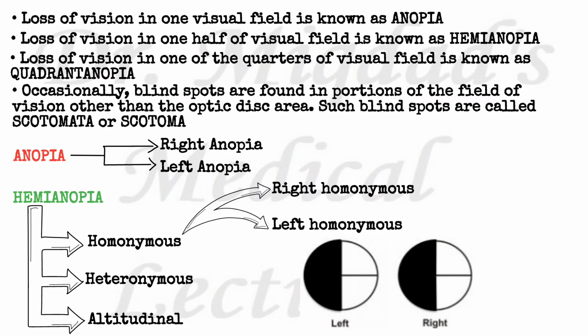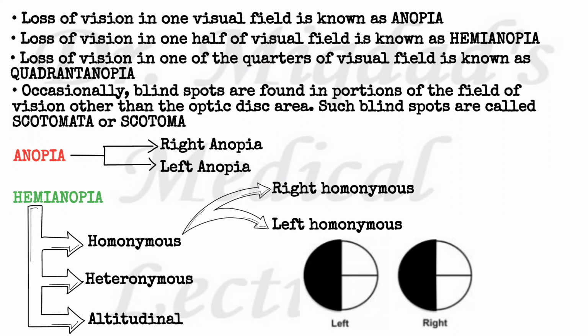As a result, both eyes lose sight in the opposite half of their visual fields. For example, a lesion of the right optic tract denervates the right half of both retinae, thereby losing sight in the left half of their visual fields, resulting in left homonymous hemianopia.